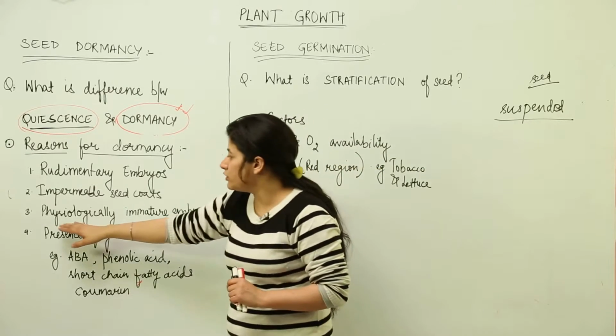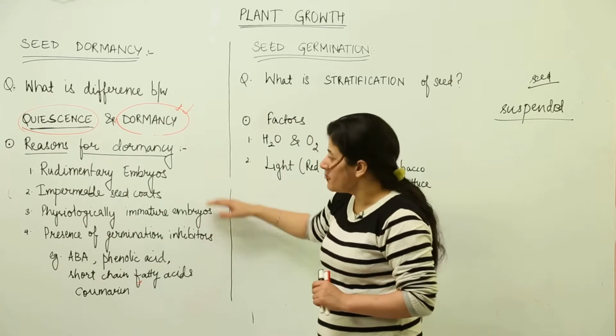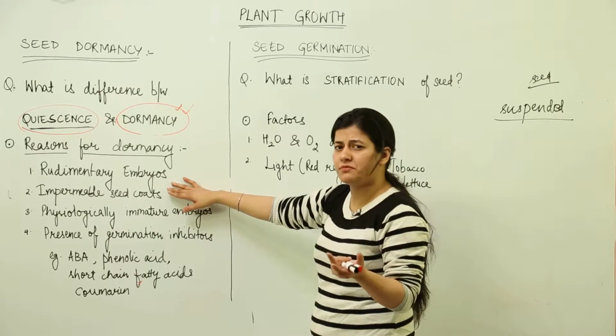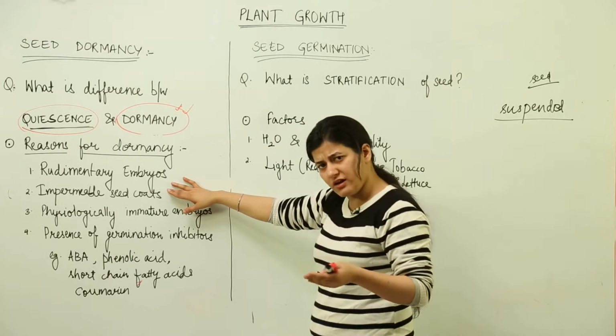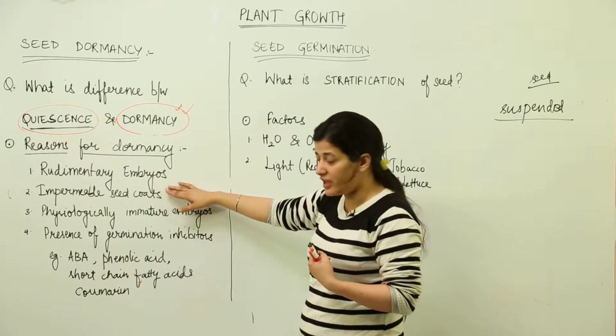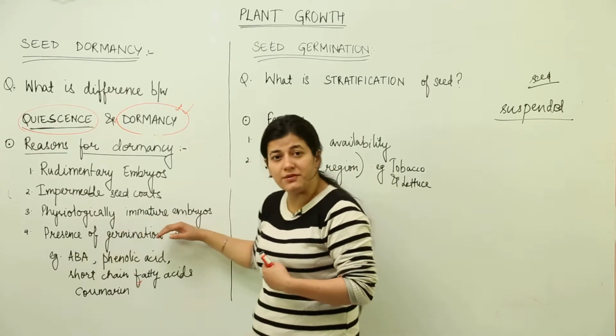Then there could be physiologically immature embryos. The first case was rudimentary embryos. That embryo might not have been formed, or it might be in the form of its cellular composition that is present in quite earlier stages of the embryo growth. The other is physiologically immature embryos.